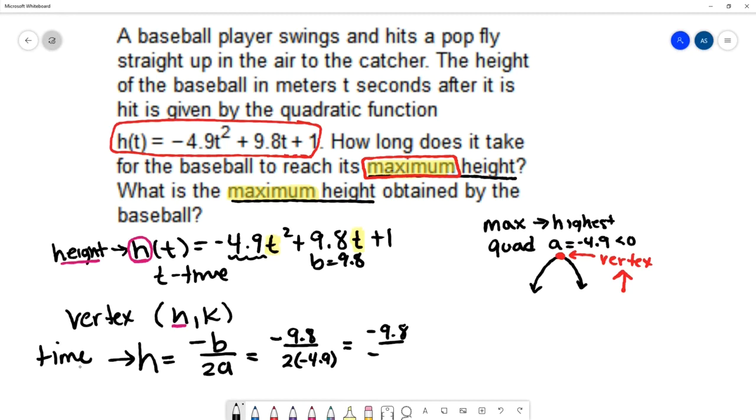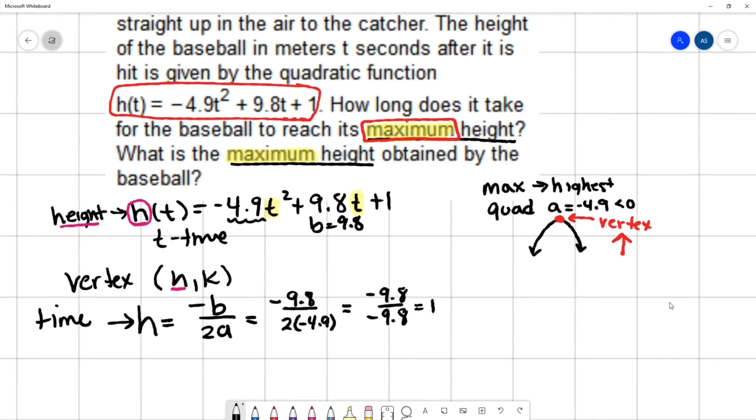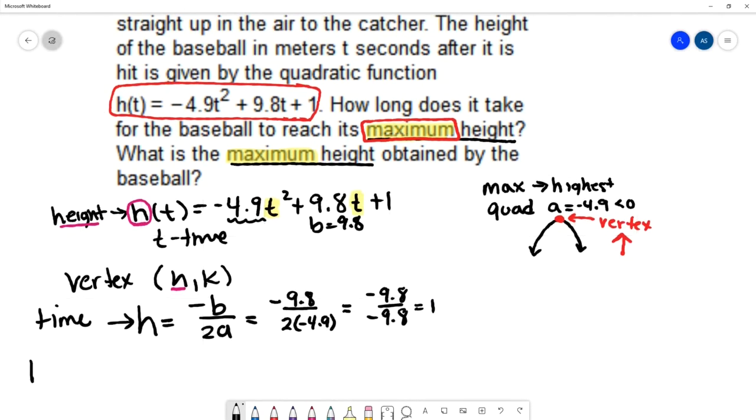That's right, so we have negative 9.8 over negative 9.8, and that's 1. So now we know that we're going to reach the maximum height when the time is 1. And now we can figure out the height, which is going to be our y part of the vertex.